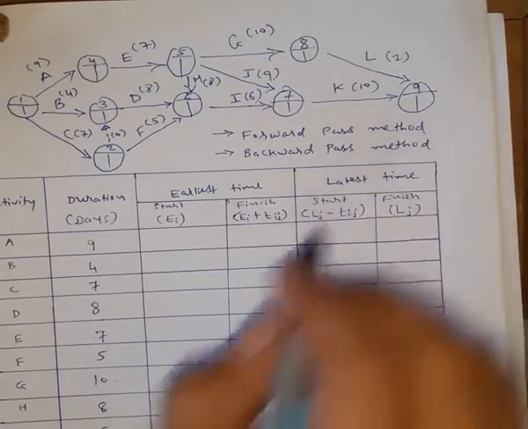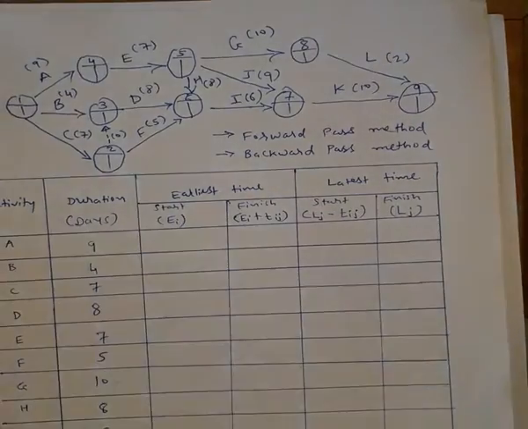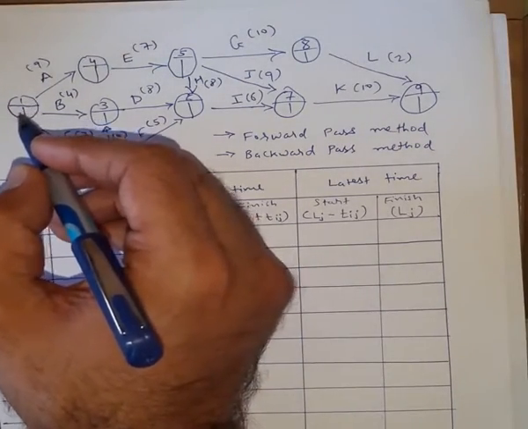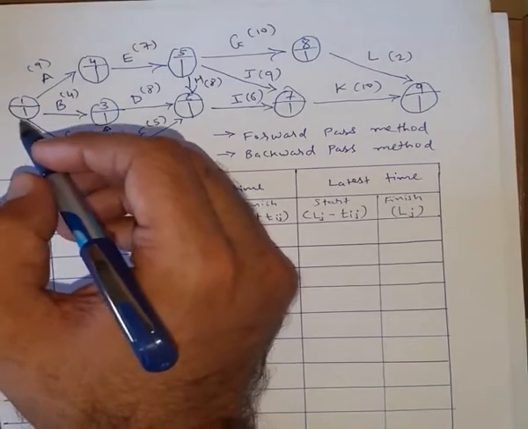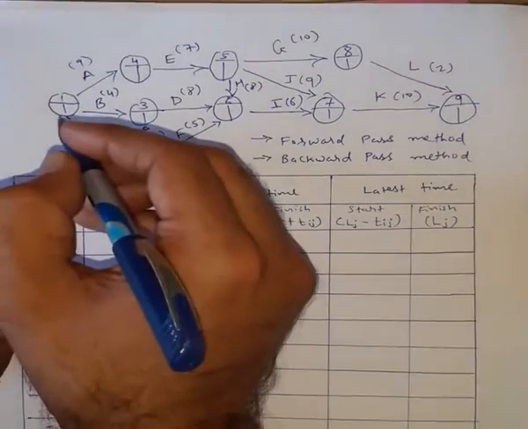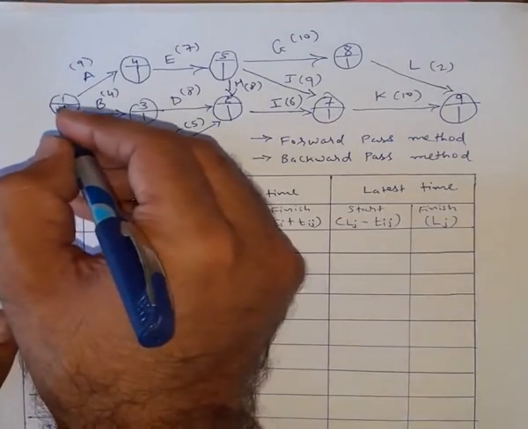So first of all we will use the forward pass method. So using the forward pass method we will find out the earliest start time. I have drawn the nodes, I have done the partition inside. Any project will start initially with the starting time of 0. So I have put 0 over here.